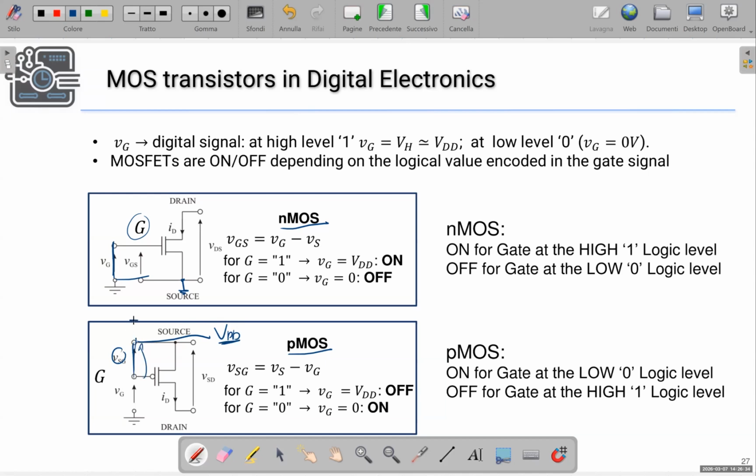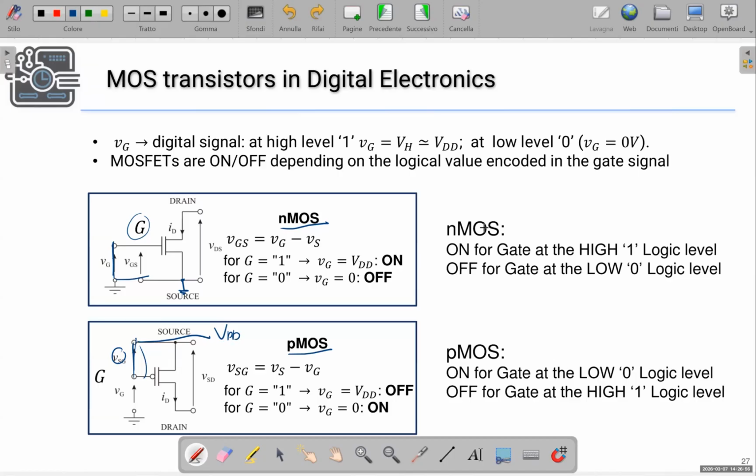The gate is also high, so the source gate voltage is 0, and the PMOS device is off. So for a high level gate voltage, the PMOS device is off, while for a low level gate voltage, the PMOS device is on.